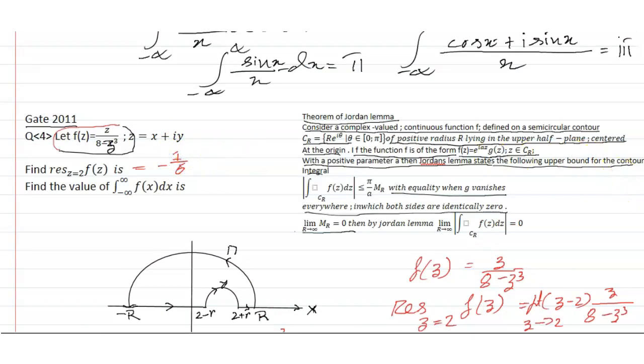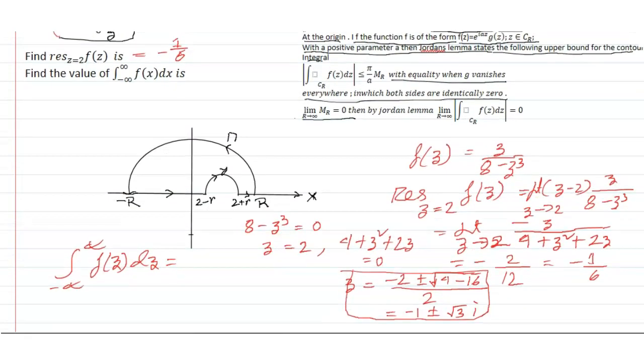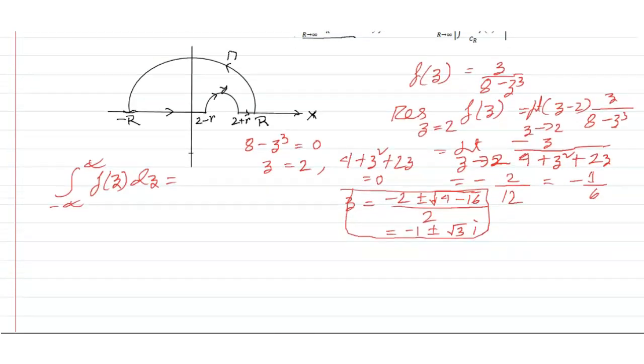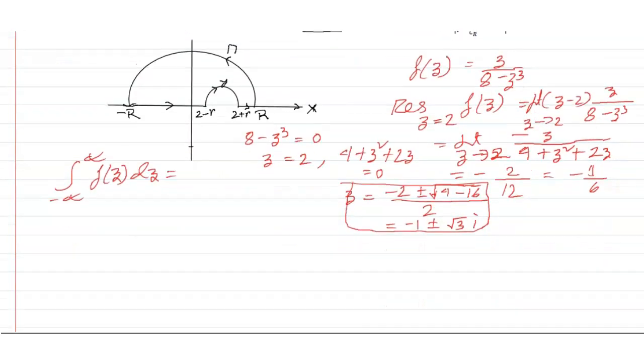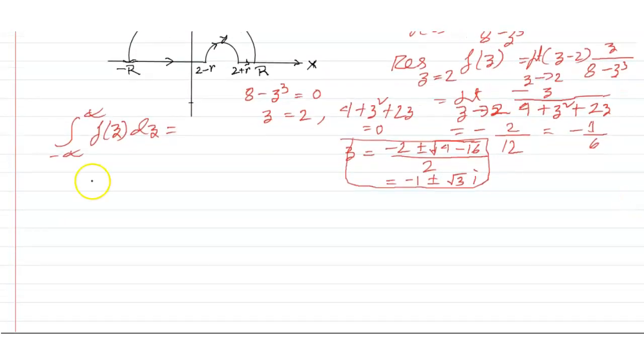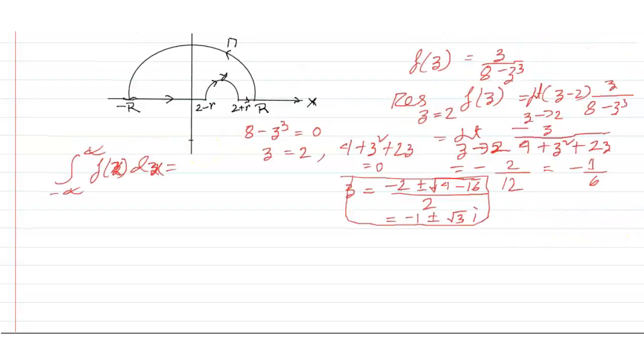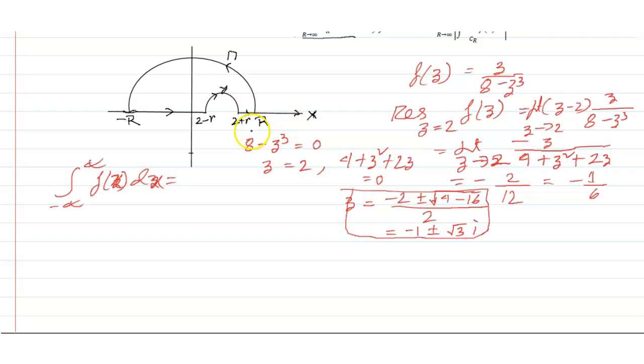The first answer is minus 1 by 6 and now I have to find the second answer. So the second answer is the integral from minus infinity to infinity of f(x) dx. I have to find f(x) and dx. So friends, I have to use the same process, but you will see that there are two kinds of pole, here is also a pole.